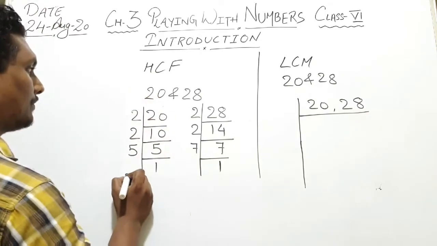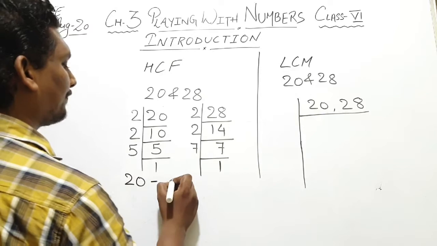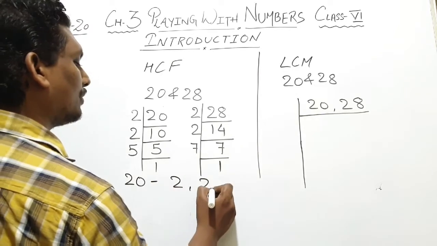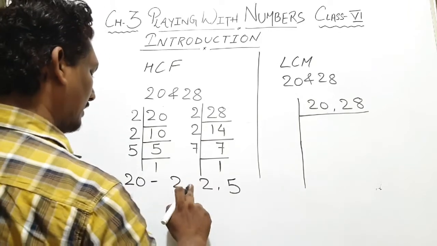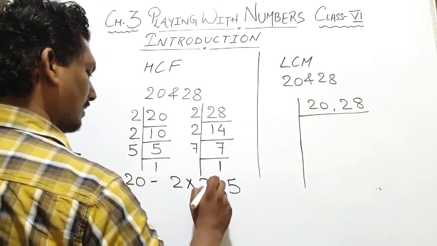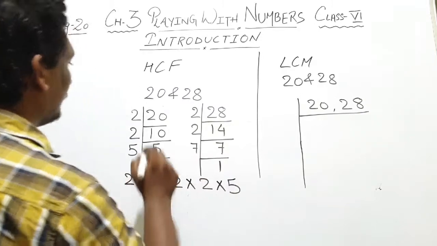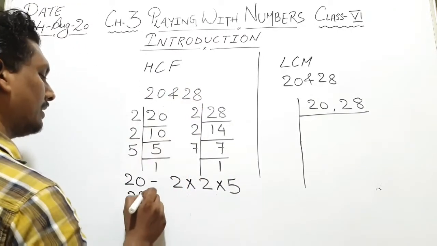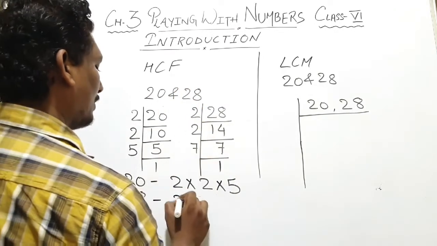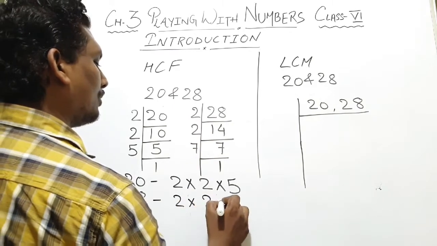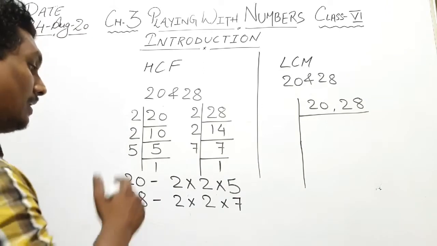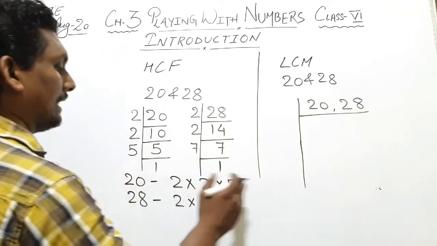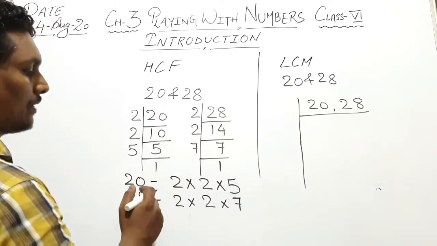So here the prime factorization of 20 is 2, 2 and 5, right? And 28 is 2 into 2 into 7. So we have to find out what is common in 20 and 28.